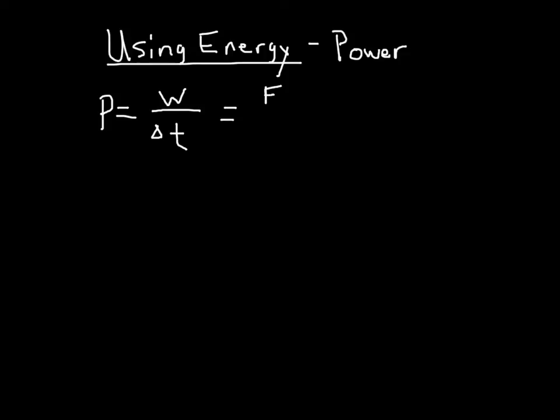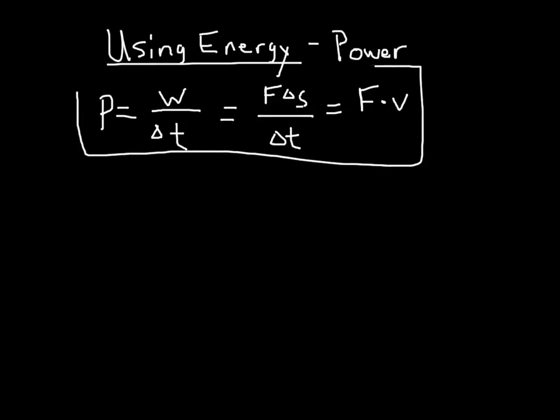Work is a force times a change in position over a change in time, and a change in position over a change in time is just velocity. So power is equivalent to all of these things: work divided by time, force times a change in position over a time, or a force times a velocity.